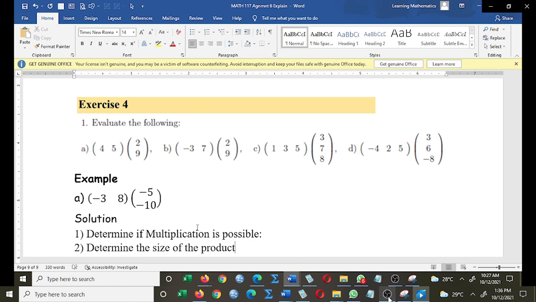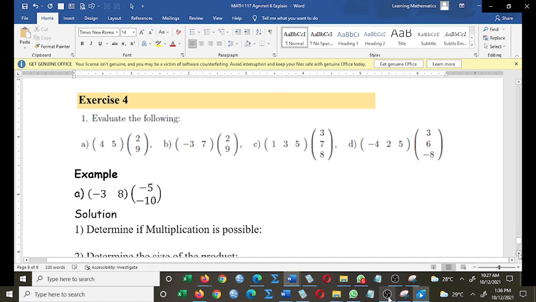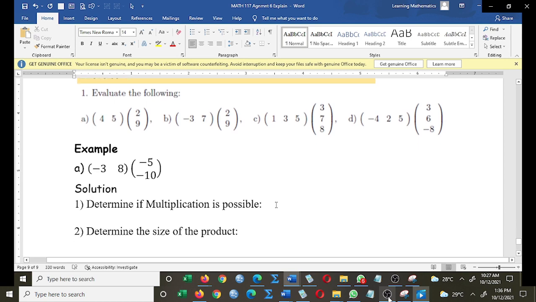Because when you multiply, you're going to get a product. When you add, you're going to get a sum. When you subtract, you're going to get a difference. When you divide, you're going to get a quotient. And when you multiply, you're going to get a product. How are you going to determine if multiplication is possible?